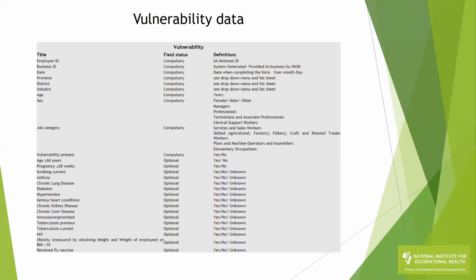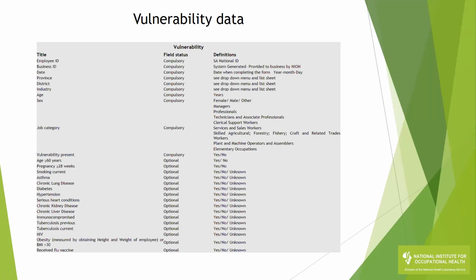People that are pregnant at 28 weeks or over, people that are smoking, people with asthma, chronic lung disease, diabetes, hypertension, serious heart conditions, chronic kidney disease, chronic liver disease, immunocompromised, TB, had previous TB or even currently suffering from TB, people with HIV, or people that are obese.